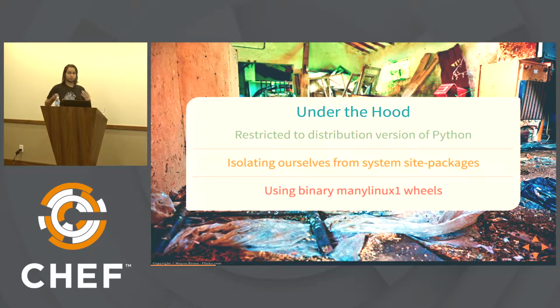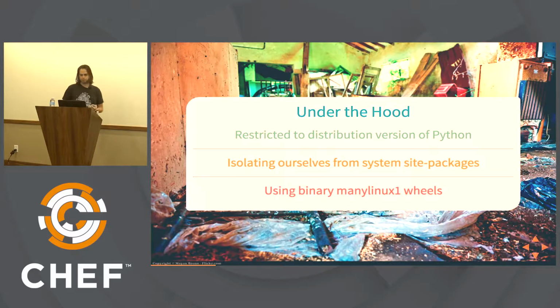So if you're using something like Pillow or LXML, these are pre-built images built against an old version of Linux known as CentOS 5. Habitat doesn't work well with older versions of libc because we're trying to be on the edge. We're trying to be the latest stable of everything. So we have to ignore those.